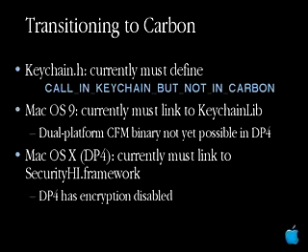So what do you have to do right now to use the keychain? Well, there's a list here. First of all, the current interfaces define this weird symbol, call it keychain but not in carbon, which is kind of a mouthful. It's a workaround, so if you define it to true, you'll get all of the keychain calls. The caveat there is that as well as defining that, you need to link to one of two libraries.